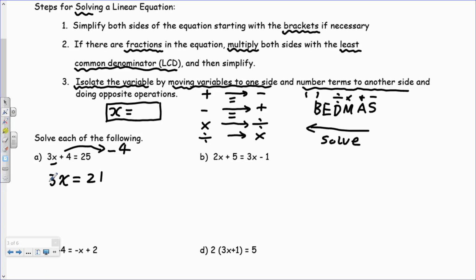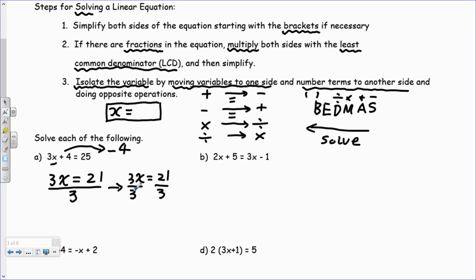Then we don't want to see the 3. We want to move the 3 to other side. This is multiplication. Multiplication opposite is divide. So you could write divide by 3 twice, or you could write divided by 3 once, but it means this side divided by 3, this side also divided by 3. So this is equivalent with 3x equals 21, and you divided 3 to both sides.